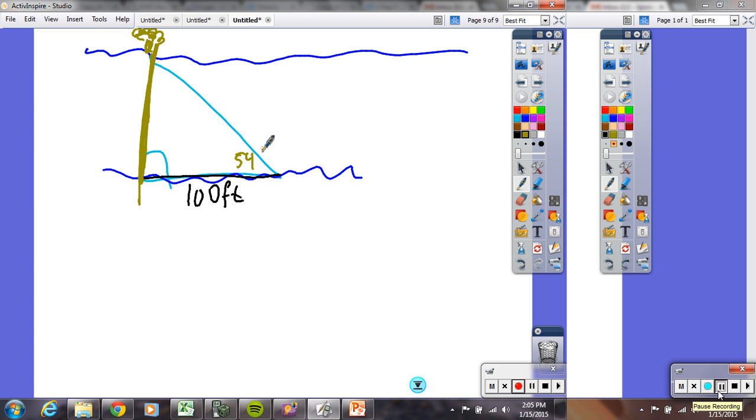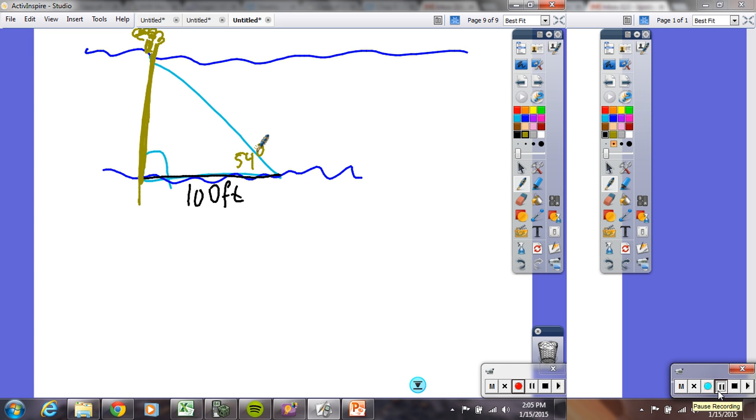54 degrees. Right over there. So what's the length of the bridge? How are we going to do that? Because we don't have two sides to get a third, right? It's not physics, it's trig.